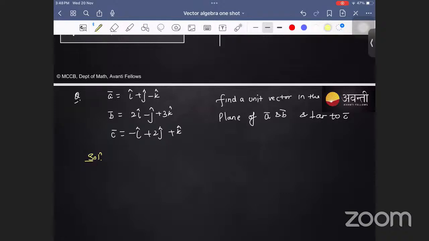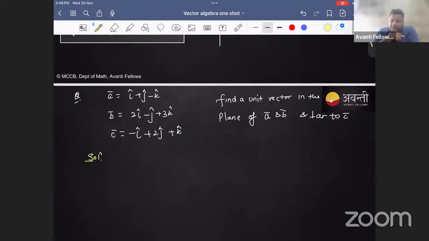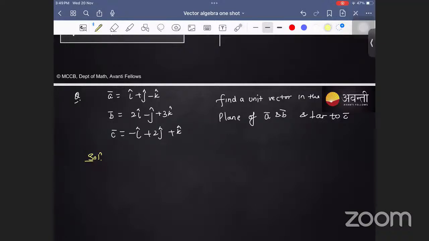Bhagat, how do we do it? A unit vector in the plane of A and B and perpendicular to C. You need to write the determinants. Sorry? You need to find the magnitude. Magnitude we'll find later on, but which vector is in the plane of A and B and perpendicular to C? Tell me.